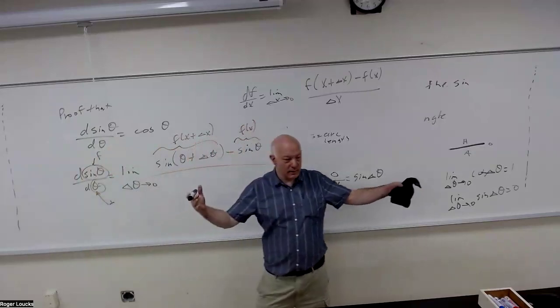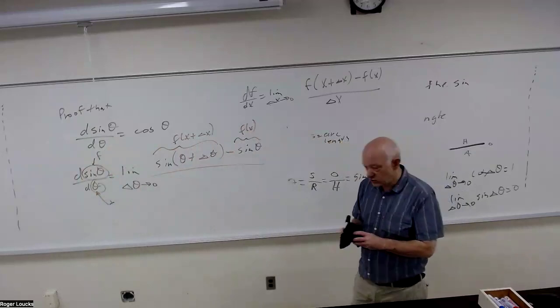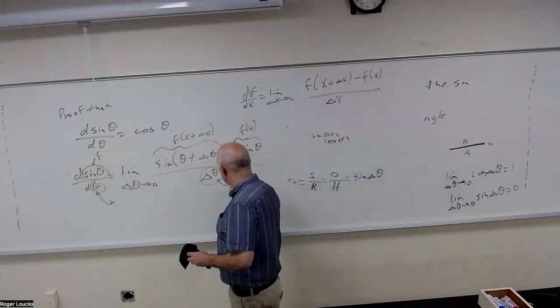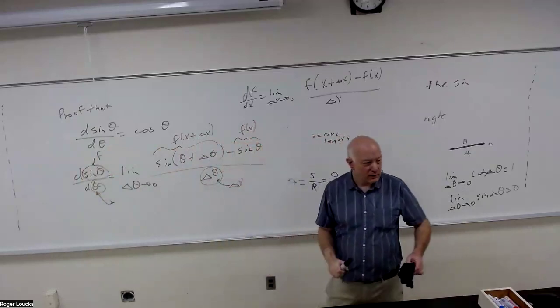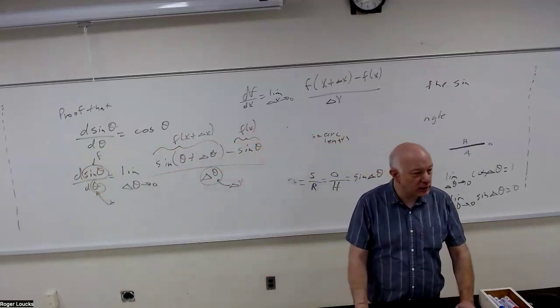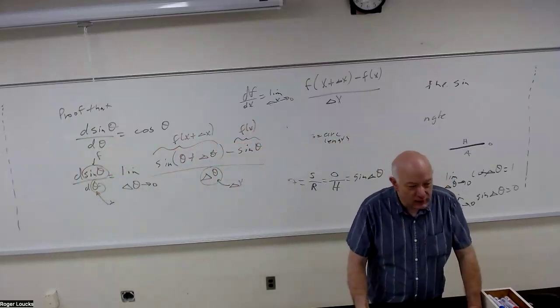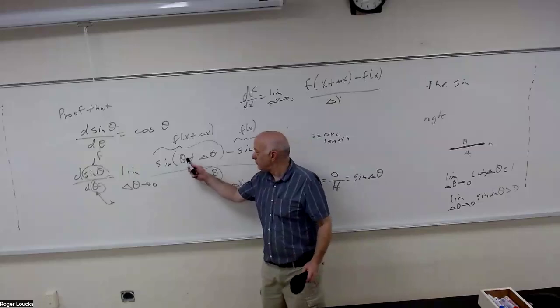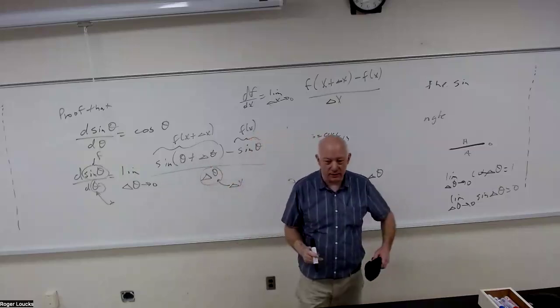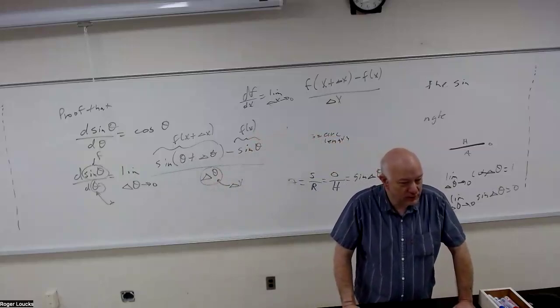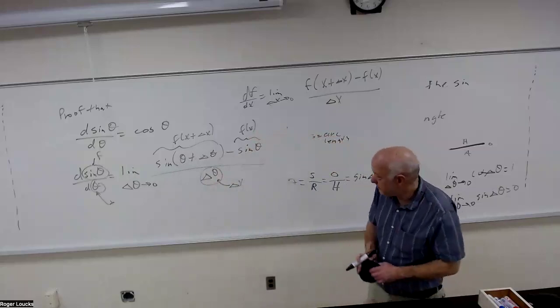Now I have to divide that by the change in theta, so this is like my delta x. Now I'm going to clap my hands and you're magically going to go back to 11th grade. I think it's in 11th grade you do this. You see sine of two angles like this being added. What do you think of the sine of A plus B?